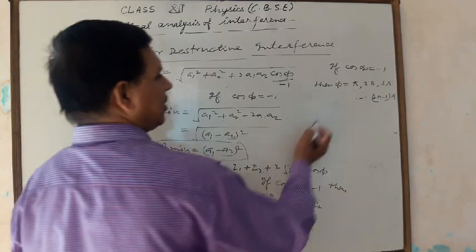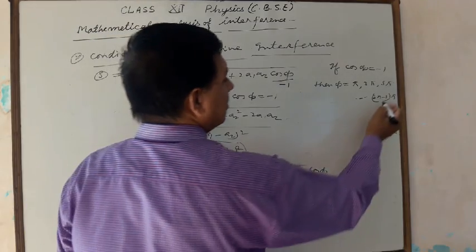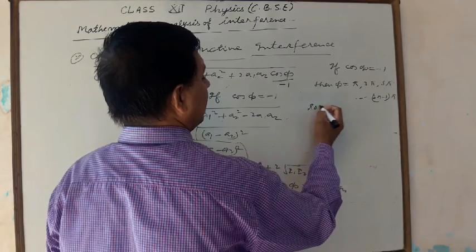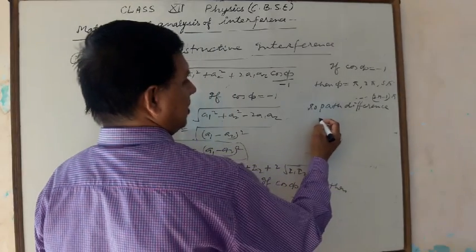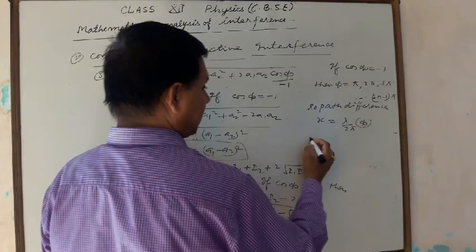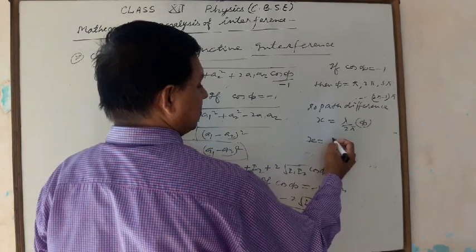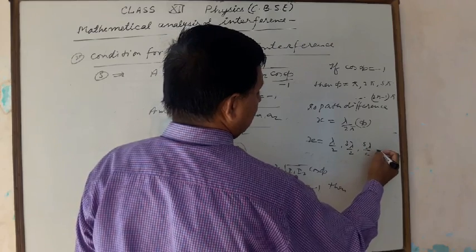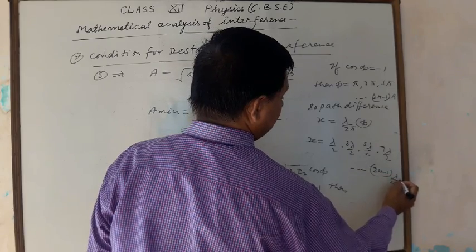And when the phase difference phi is pi, 3 pi, 5 pi, or (2n plus minus 1) pi, the path difference according to the formula x is equal to lambda by 2 pi into phi becomes lambda by 2, 3 lambda by 2, 5 lambda by 2, 7 lambda by 2, and so forth, (2n minus 1) lambda by 2.